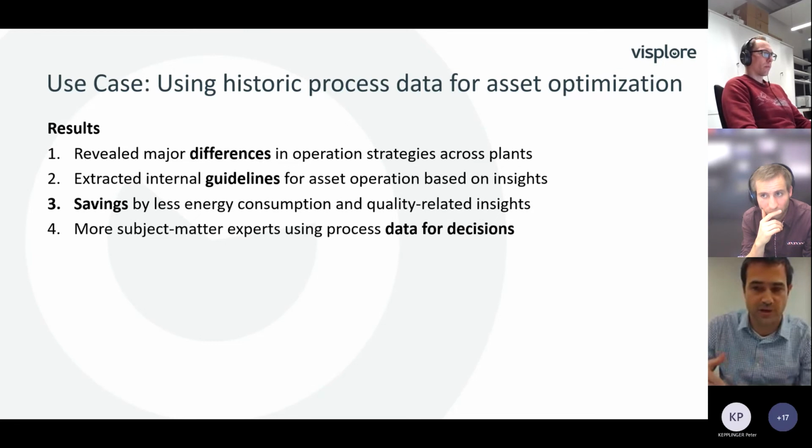It was just the way they were operated and parameterized which was different, but the physical assets were the same. This helped them to extract internal guidelines for asset operation based on these insights. And this in turn led to savings by learning how to save energy consumption for asset operation, as well as insights related to quality.